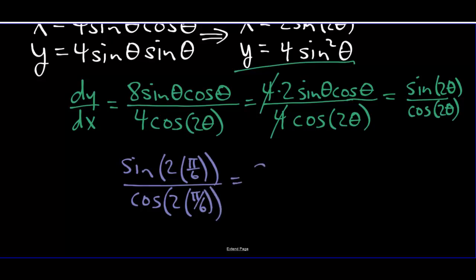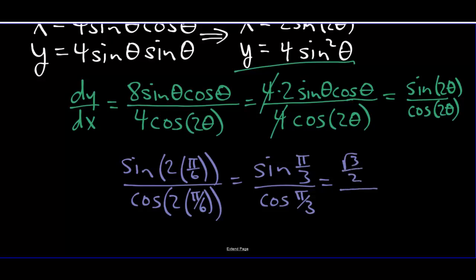And I get sine of pi over 3 over cosine of pi over 3. This is equal to the square root of 3 over 2, and down here we get 1/2. And that's just equal to the square root of 3. So that's the slope of the tangent whenever theta is pi over 6.